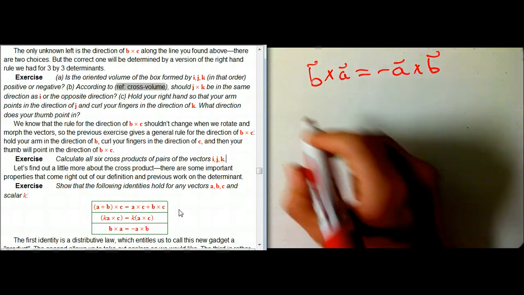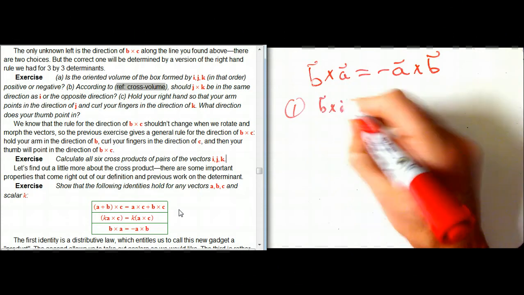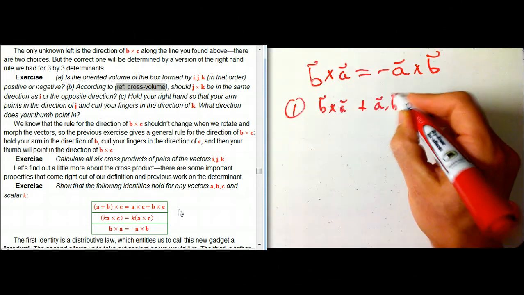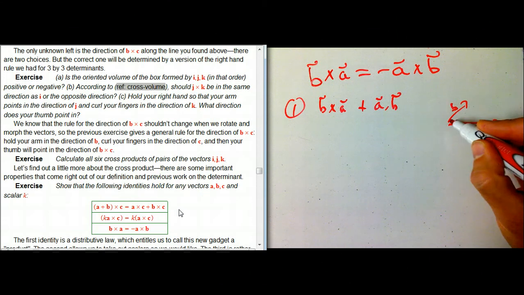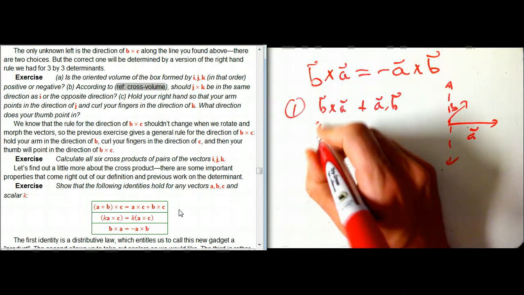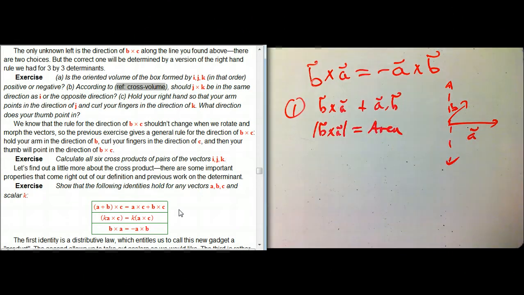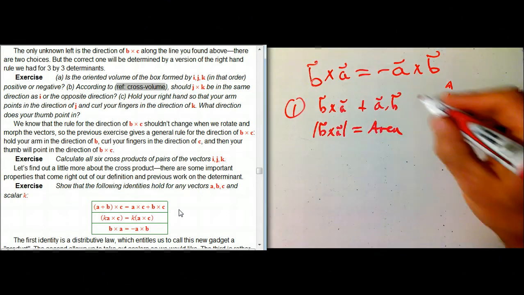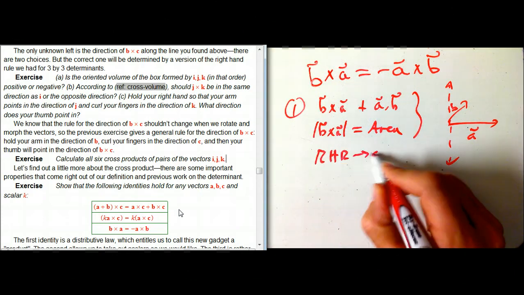Two ways to see that. One is, remember, B cross A is still supposed to be perpendicular to A and B, so it's along the same line. Let's have A and B here. It's supposed to be either here or here. It's supposed to have the same magnitude. The magnitude formula was the area. That had nothing to do with the order. So these are unchanged. The only thing that could change is the right-hand rule.